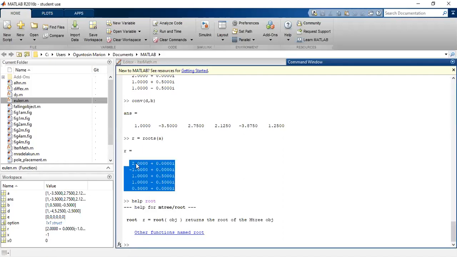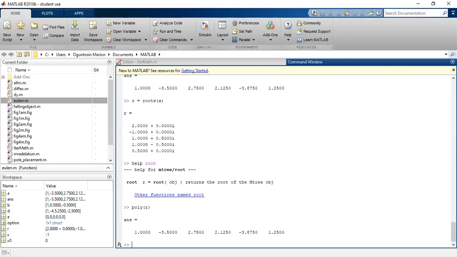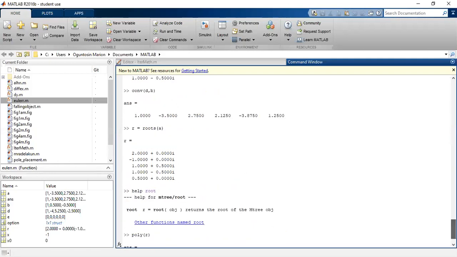If you want to build up the polynomial from the roots, you use the poly function. We just multiply all of these because R is all of these, and when we do that, we get the original equation. So this is the way MATLAB is able to help us to calculate the roots.